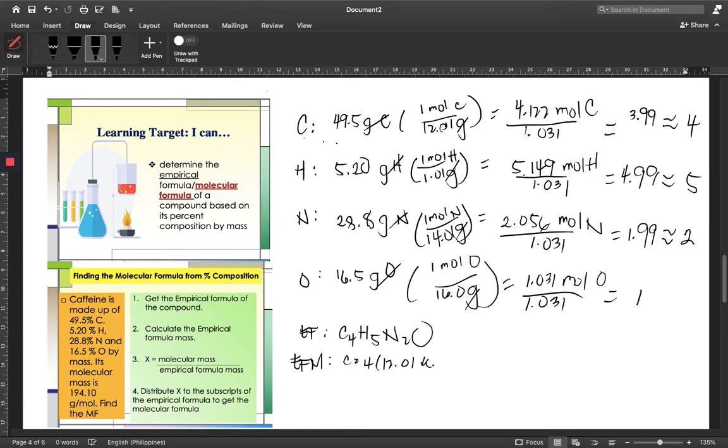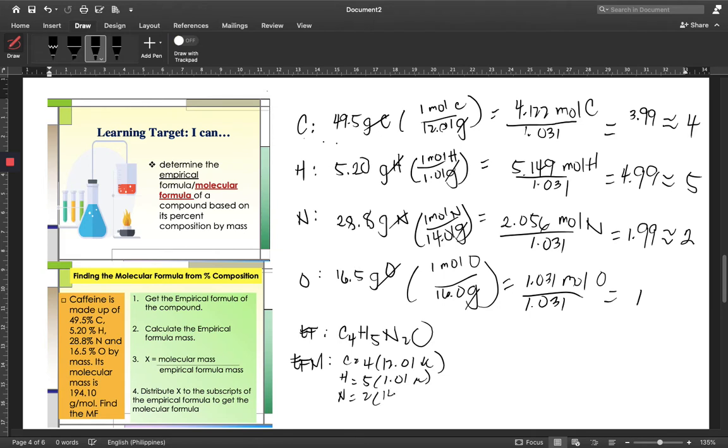So we can place that here. Then it's just like getting your molar mass. So this is hydrogen. There are 5 atoms of hydrogen. This is 1.01 AMU. Okay. And then nitrogen has 2 atoms.